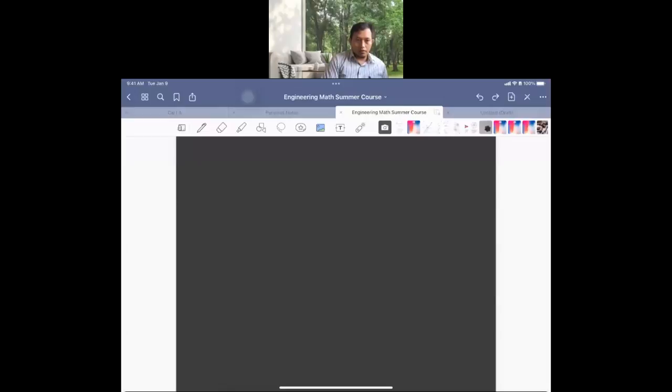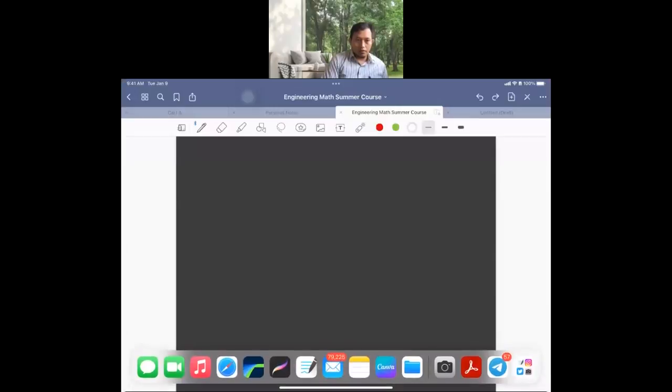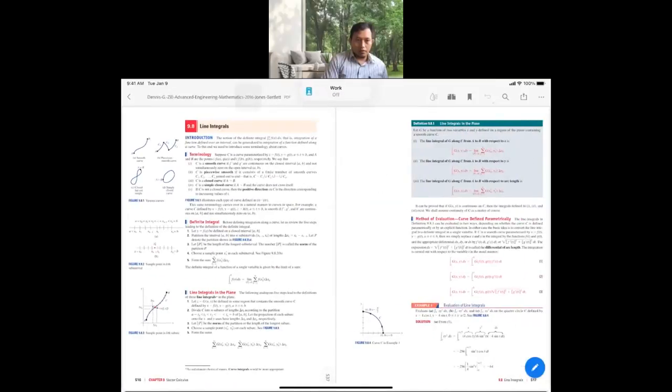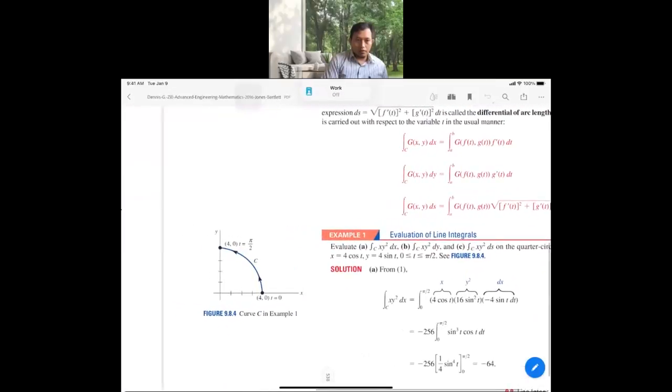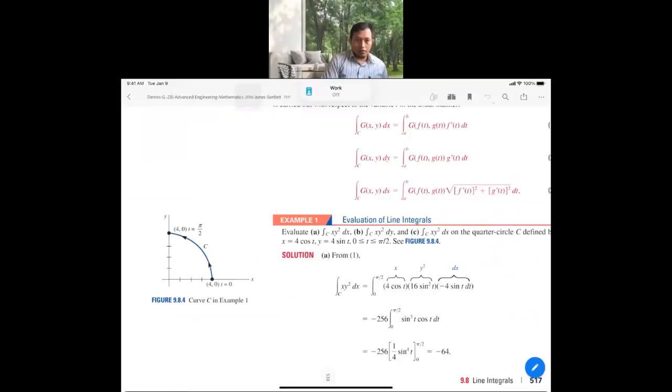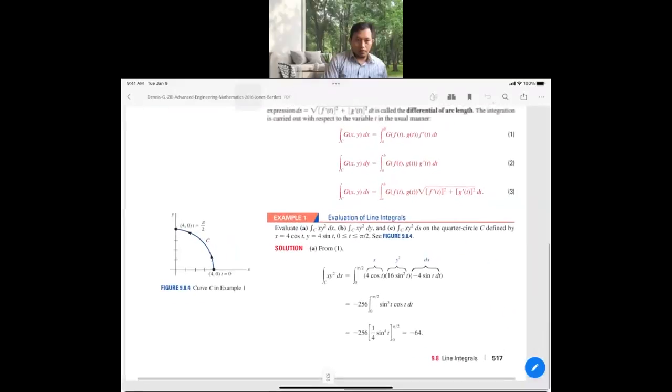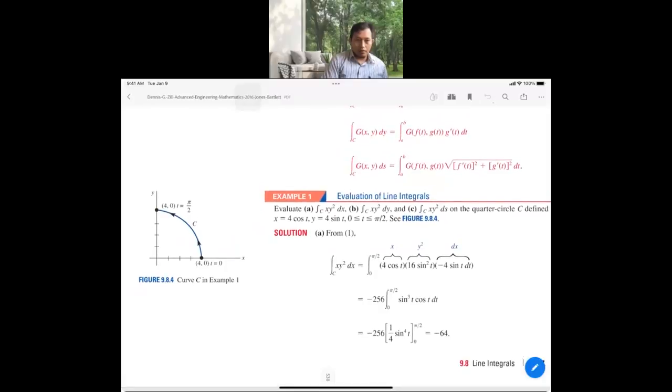Did I have any parameter examples? I think no. Let's just see from your textbook this example.